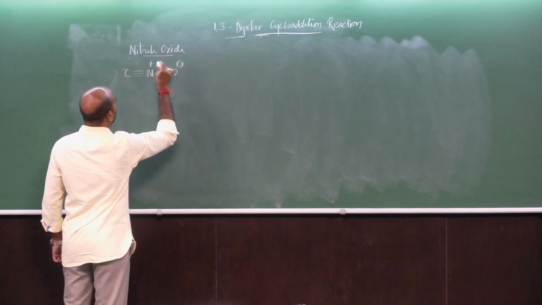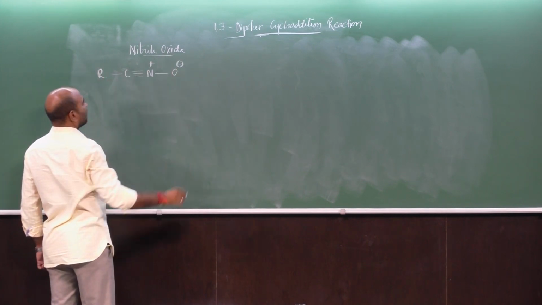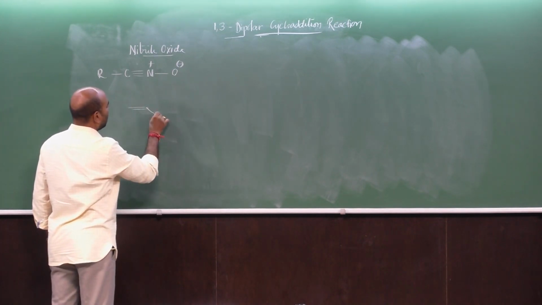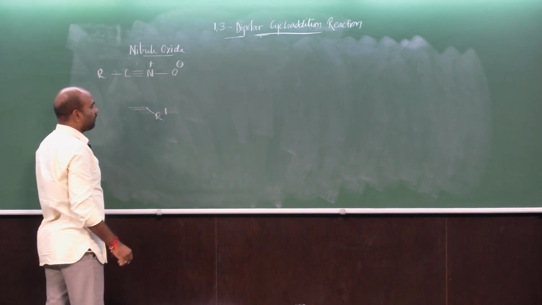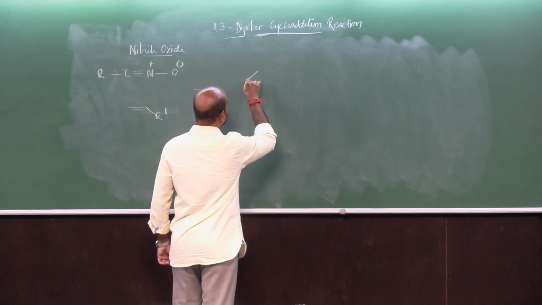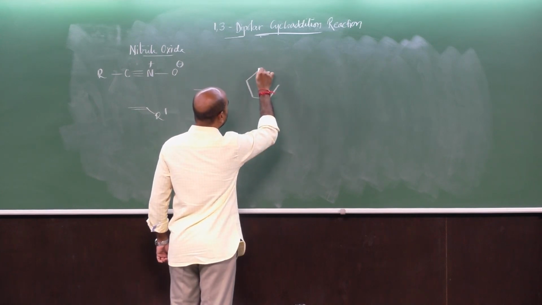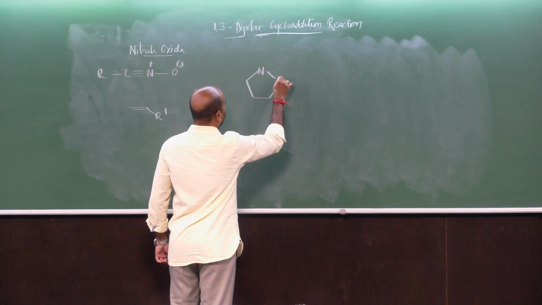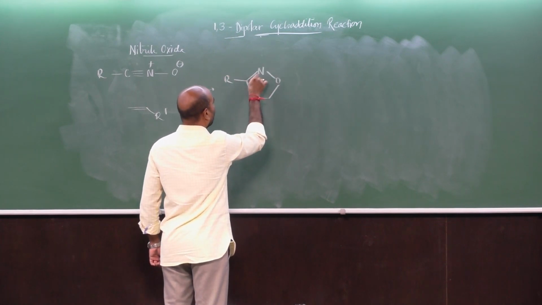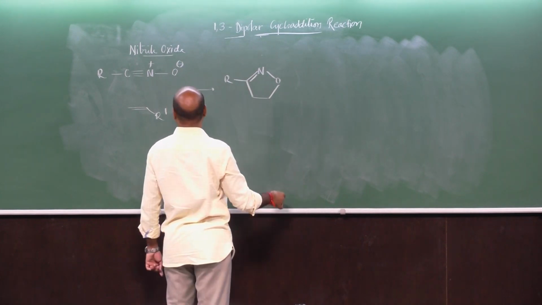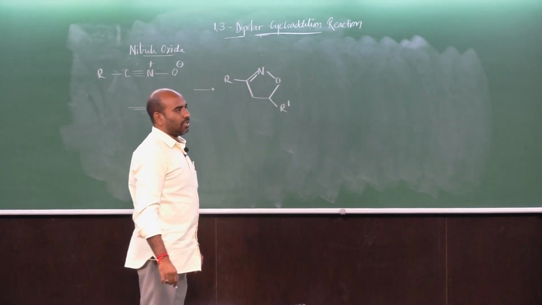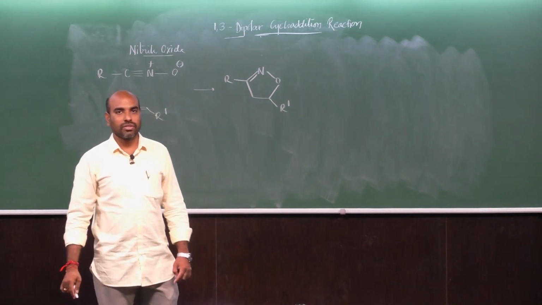Nitrogen is with a positive charge and oxygen is with a negative charge. This upon reaction with any alkene undergoes a cycloaddition reaction and gives you the cyclic molecule, right. A double bond will be seen here and this is R dash. These are delta 2 isoxazolines.